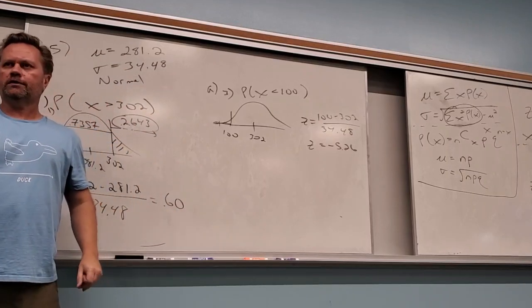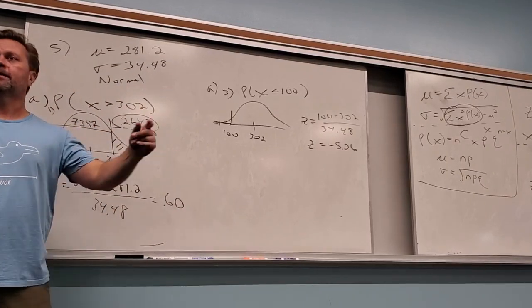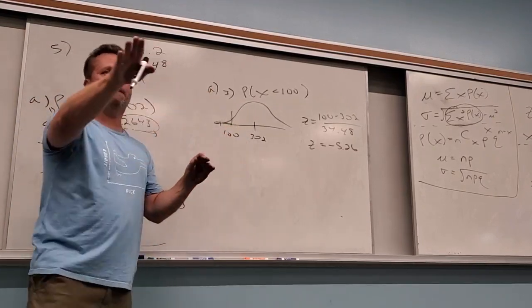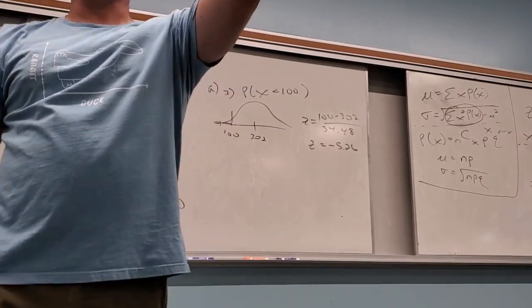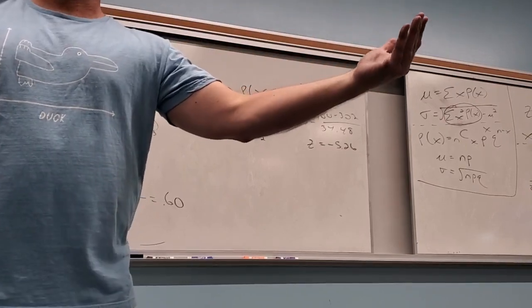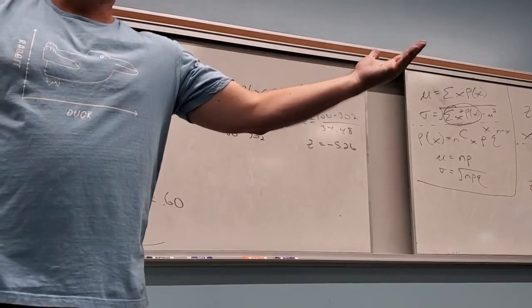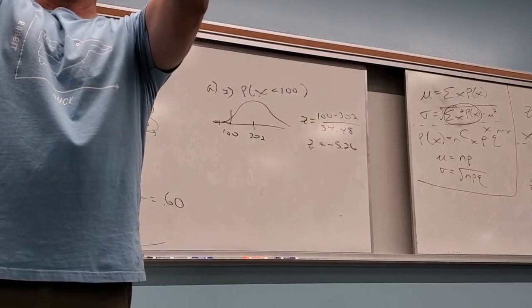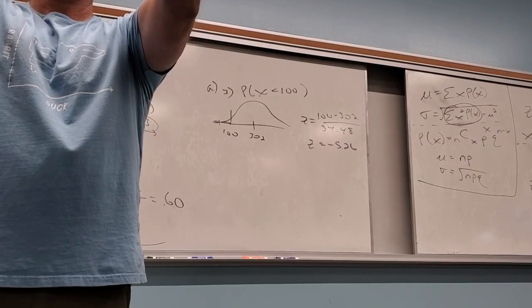What does the chart say? The chart gives up at negative 3.5. Do you guys see that? At negative 3.5, it's 0.0001. If I go further, aren't I getting smaller and smaller?